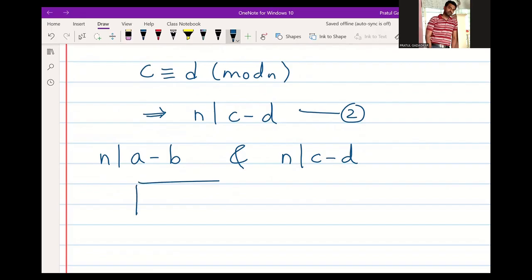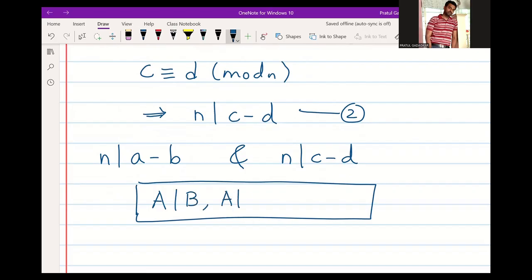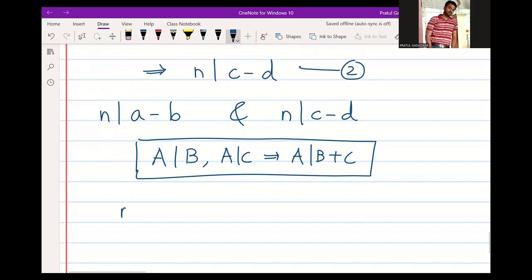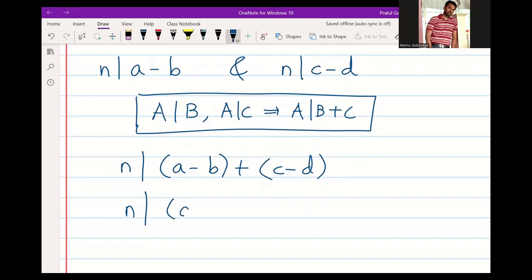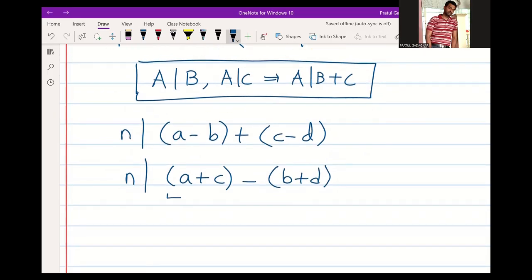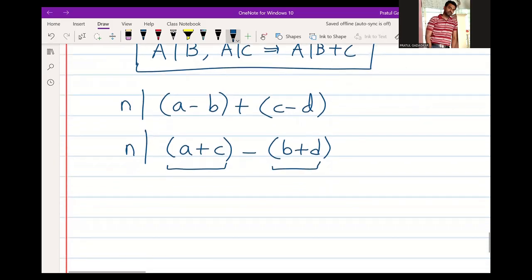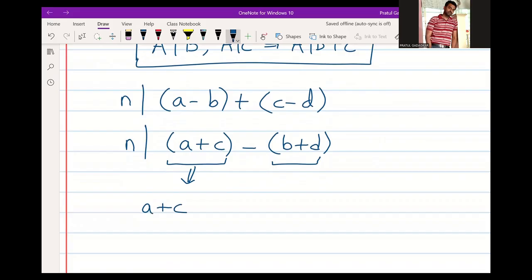Therefore, by using the property of divisibility, I know that if A divides B and A divides C, then A must divide B plus C. So n divides A minus B plus C minus D, which, if I rearrange the terms in the brackets, is A plus C minus B plus D. So n divides A plus C minus B plus D. This means that A plus C and B plus D are congruent modulo n, which is what we were trying to prove.